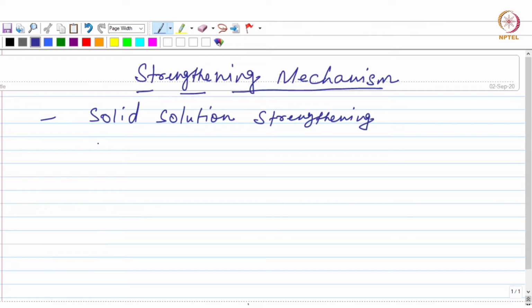And while discussing the effect of the alloying elements or the solute atoms, we have already seen that apart from strengthening, they might also give rise to some other phenomena, for example, this dynamic strain aging that we talked about. That results from an interaction of the solute atoms with dislocations, right?